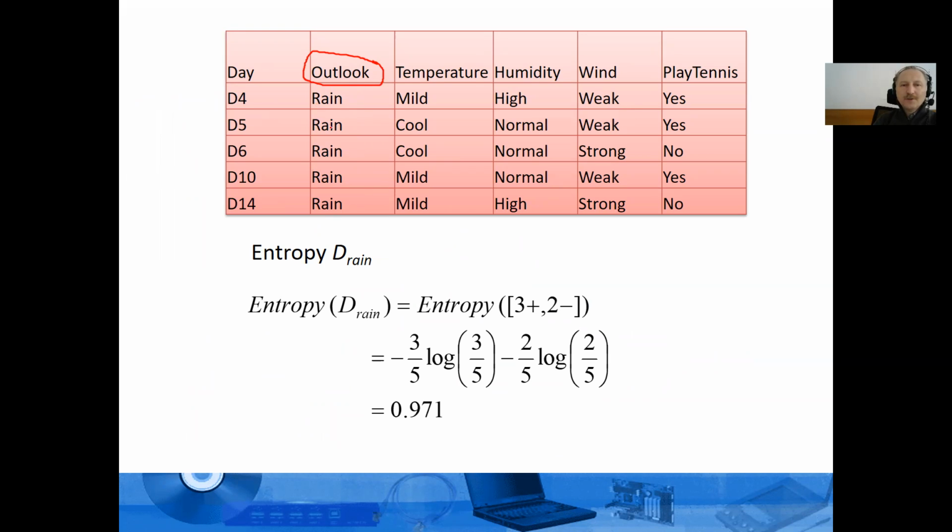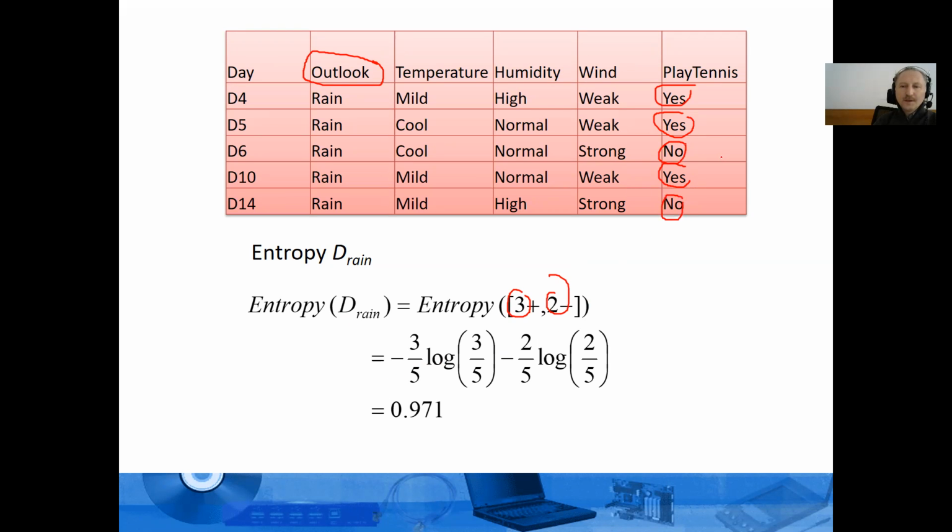All of them is 1, 2, 3, 4, 5. That's why the set is 5. And 3 of them positive, yes: 1, 2, 3 of them positive, 2 of them negative. No. Yes.